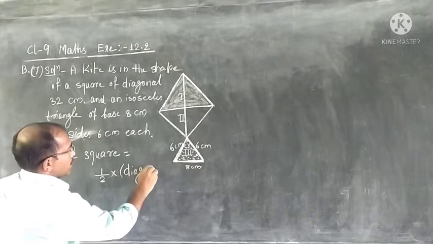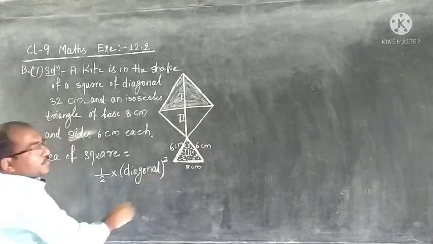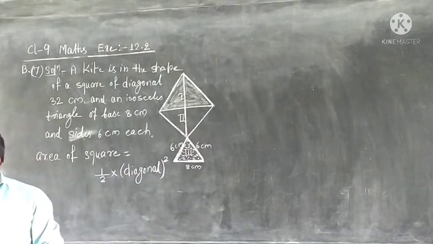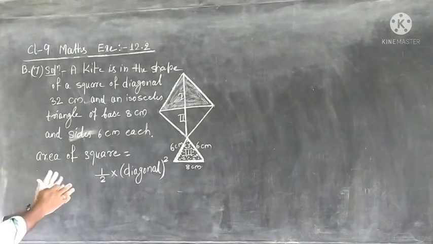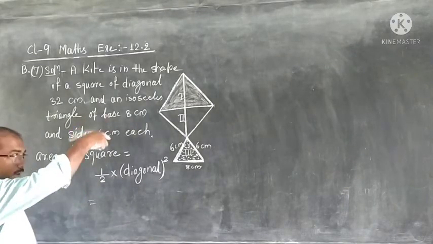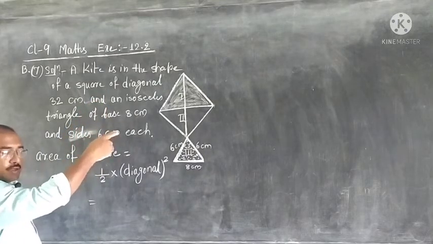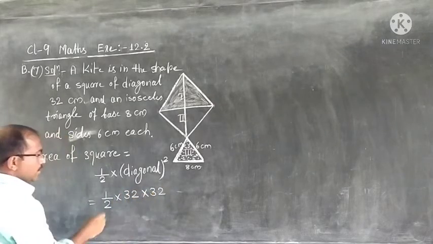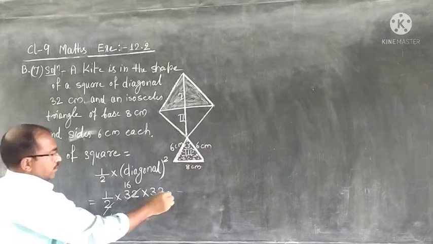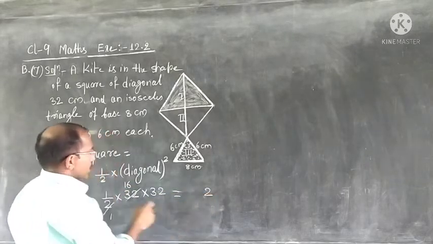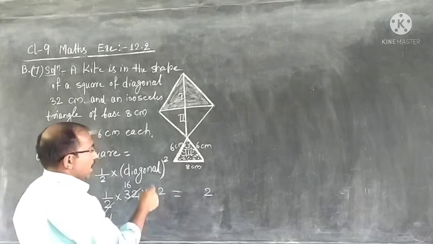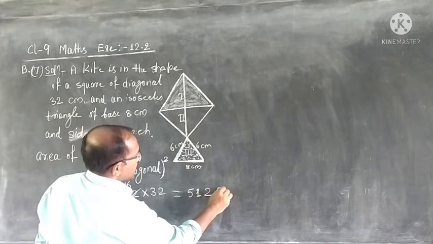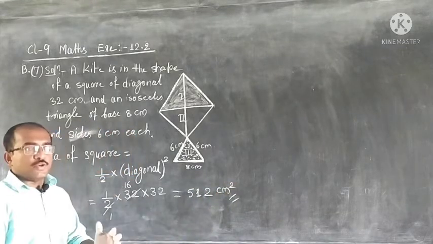Remember this formula? Area of a square equals side square we use when the side is given. Here the diagonal is given, so we use half into diagonal square to calculate the area of the square shape, figure 1 and 2 combined. So, half into 32 into 32: 2 ones are 2, 16 2s are 32, 16 3s are 48 and 3, 48 and 3 is 51. So, we get 512 centimeter square.